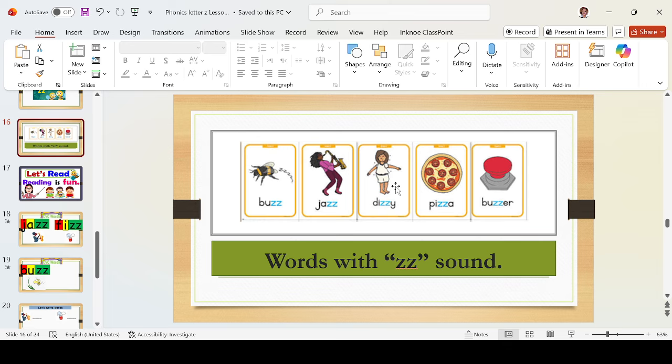And then we have our P. But this one, I want to tell you something. This one, pizza. Some people say it one way, and some people say it another way. So for this one, I don't want to confuse you, okay? But for this lesson, it's Z pizza.